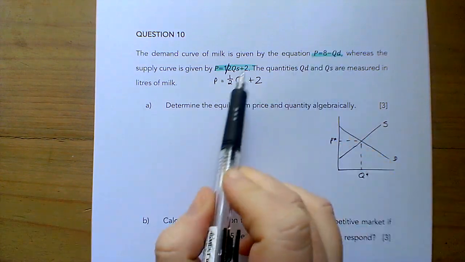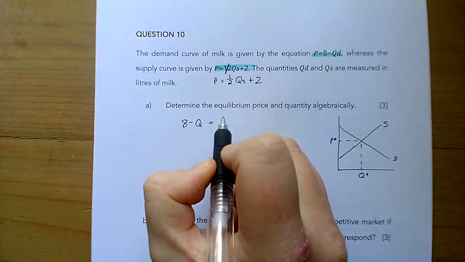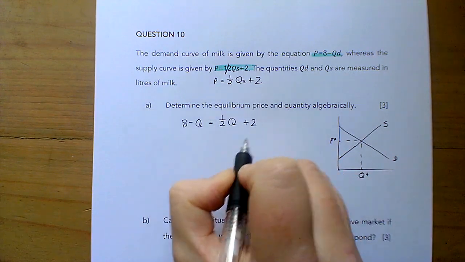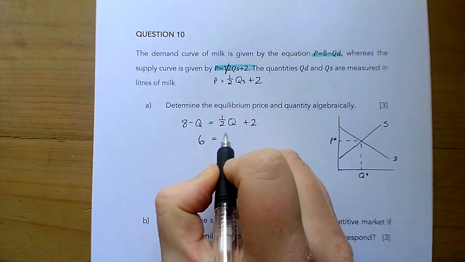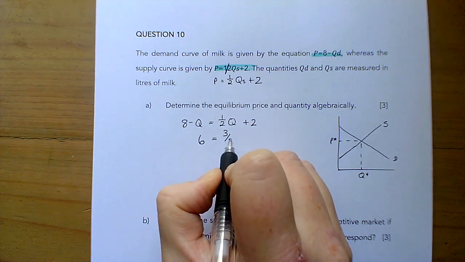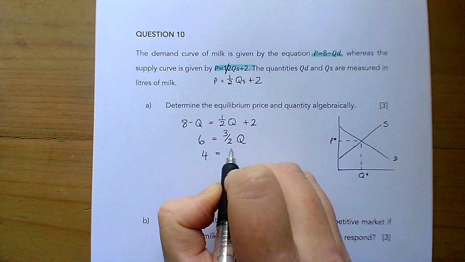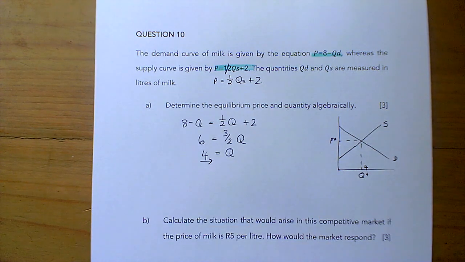So we set these two functions equal, and so 8 minus q equals a half q plus 2. I take 2 to the other side, so I get 6, and I take minus q to this side, it becomes plus q, and so 6 equals 3 over 2 q, and that means that the equilibrium quantity is 4. So this is 4 over here.